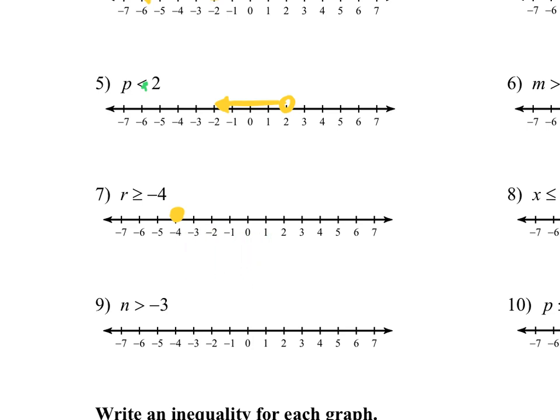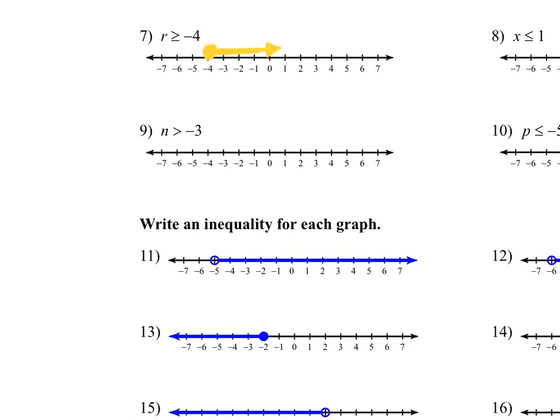So our arrow would go to the right. Questions on that? You feeling okay? All right. I'm going to keep working these because y'all are going to do all the ones on the right side here in a second.